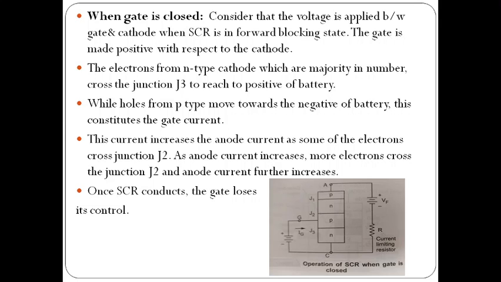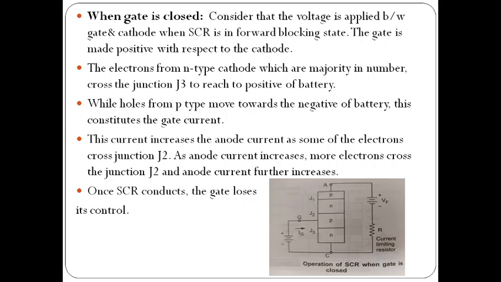The electrons from the N-type cathode, which are majority in number, cross the junction J3 to reach the positive terminal of the battery. Why are they majority? Because the cathode terminal is connected to the negative terminal of the battery, and there is also one more battery negative terminal, so the cathode has the majority of electrons.